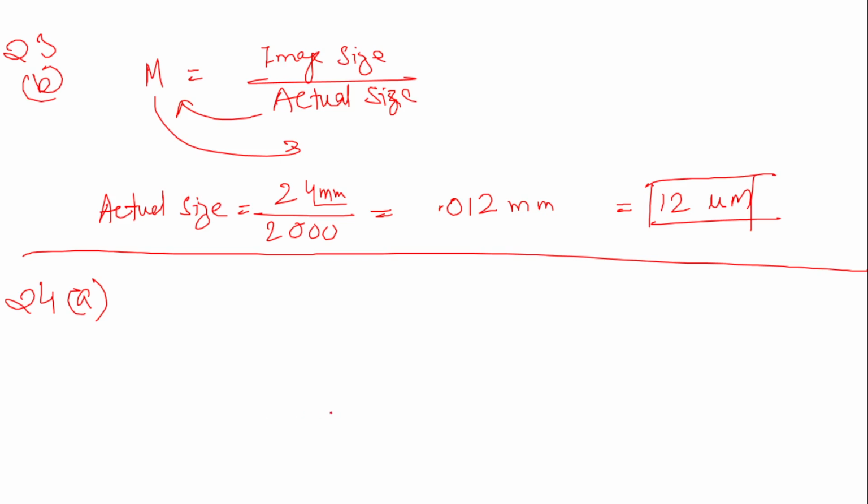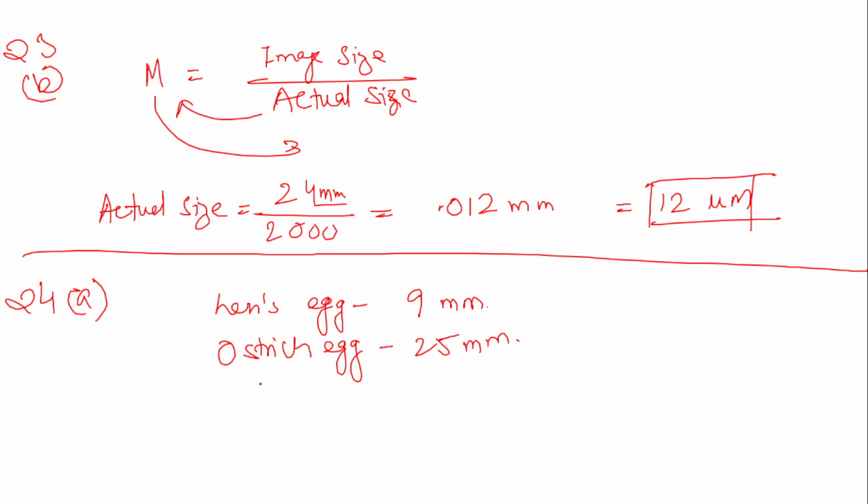So we'll get a ratio here. First of all, if you measure, the hen's egg is approximately 9 millimeters wide, and the ostrich egg is somewhere around 25 millimeters in length.